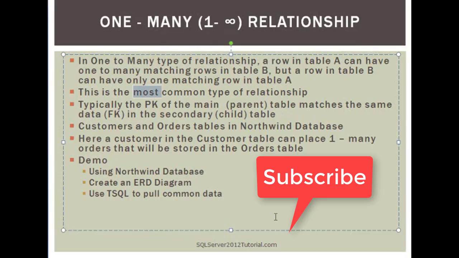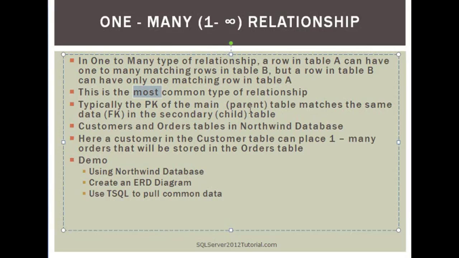And in order to implement this, you have to basically use the primary key of the main table, which is the parent table. It's going to match the same data in the foreign key in the secondary or child table. So just like I mentioned, you have a customers table and an orders table in the OneToOne database, which is a sample database from Microsoft that has been out there for a number of years.